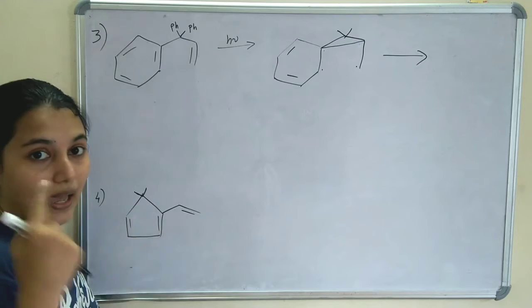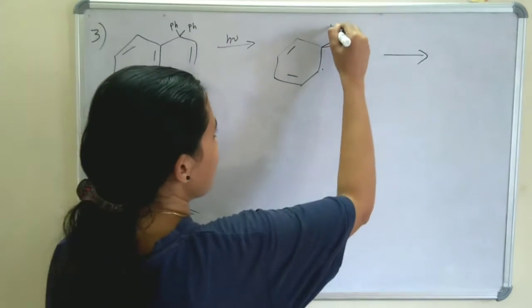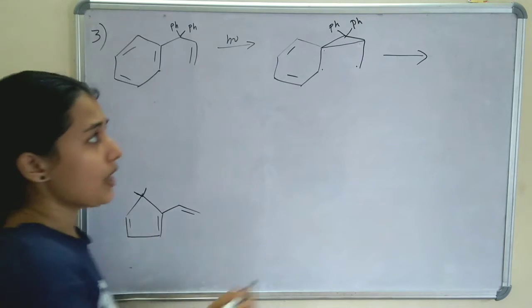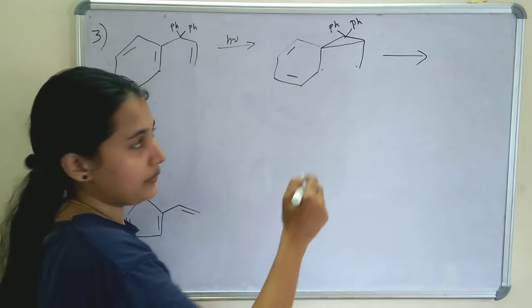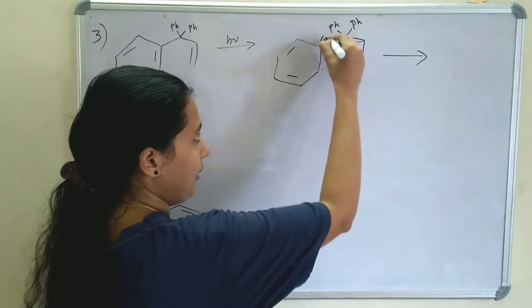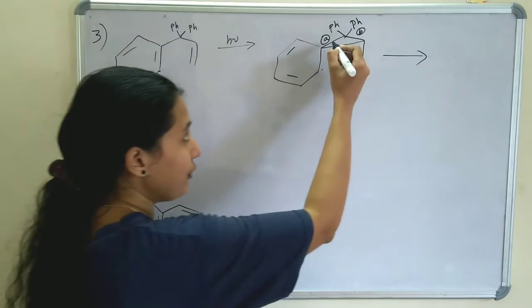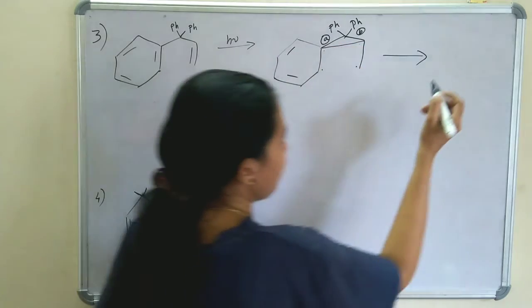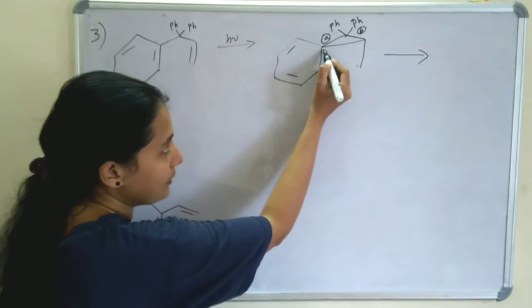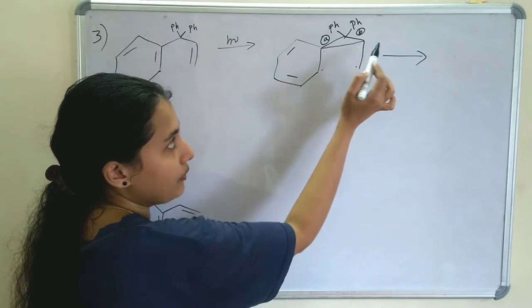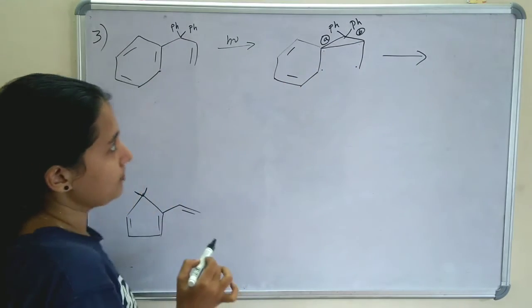Now the next step is another homolytic cleavage. Here 2 Ph. Another homolytic cleavage is done. So from which side can homolytic cleavage take place? From this side or this side, A or B. If we cleave from this side, we will get a radical at this position. And if we cleave from the B side, we will get a radical at this position.